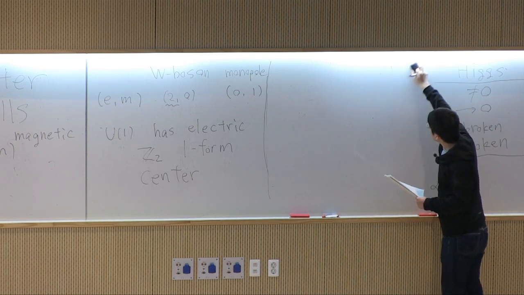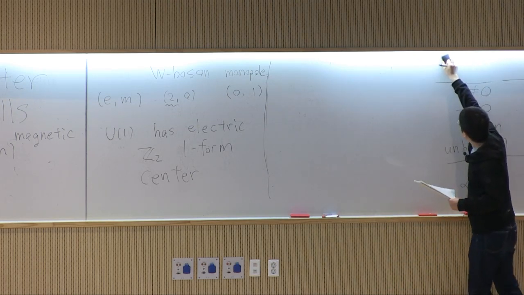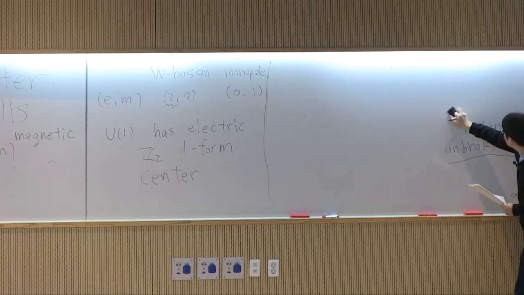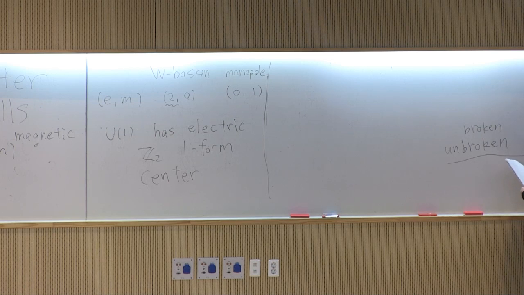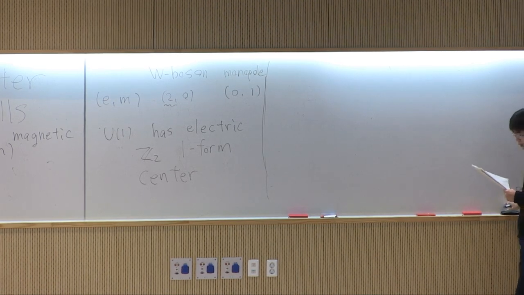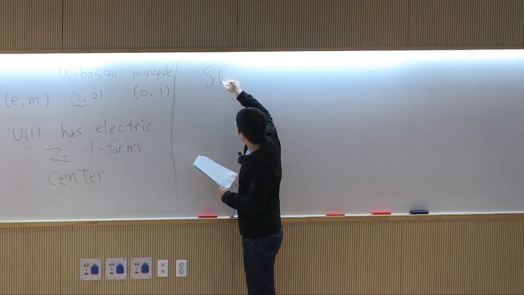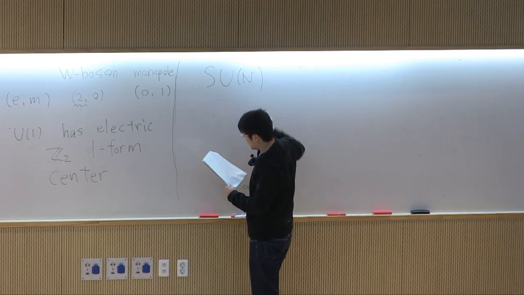And it turns out that this Z2 symmetry exists also in the UV theory, the full SU(2) gauge theory. So let's consider more generally the SU(N) gauge theory. The gauge group is SU(N).